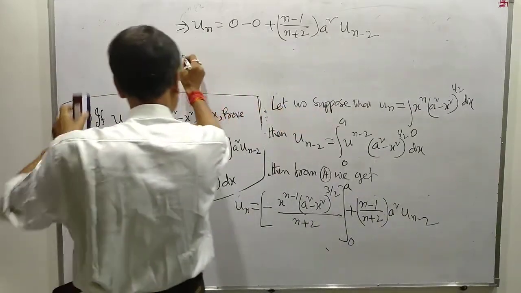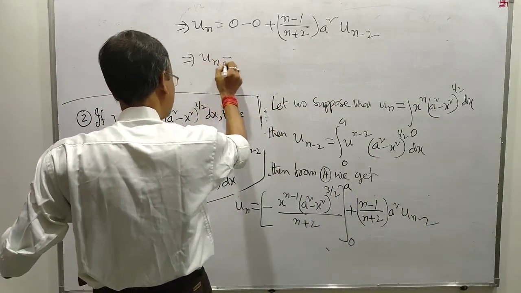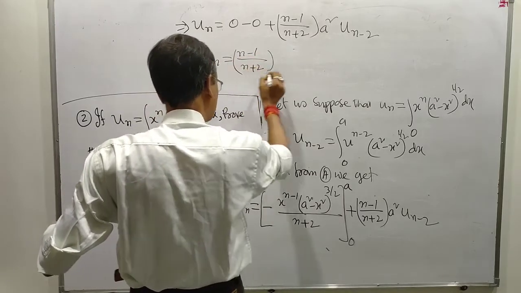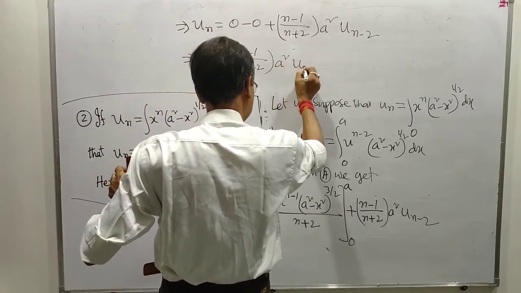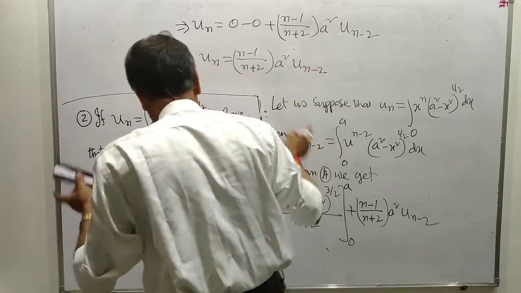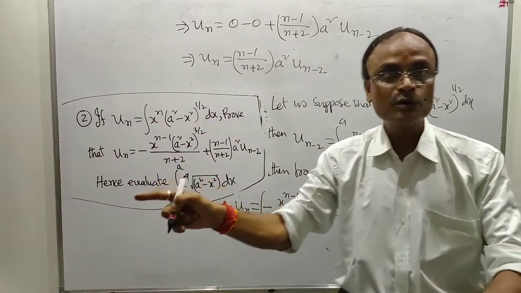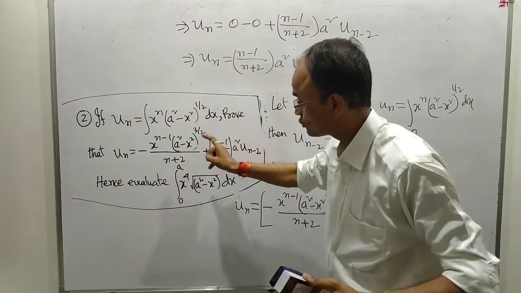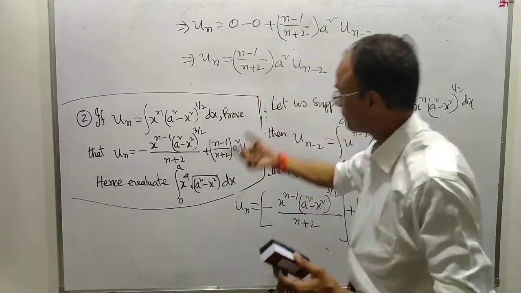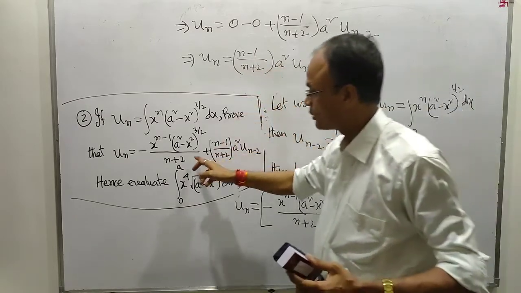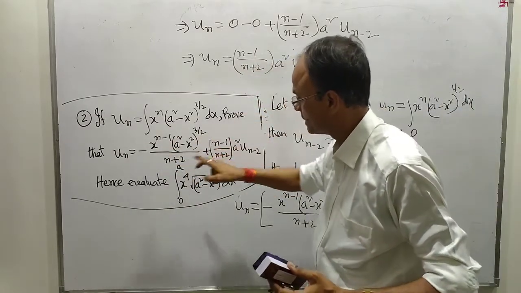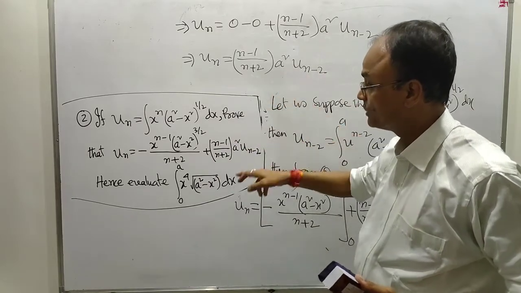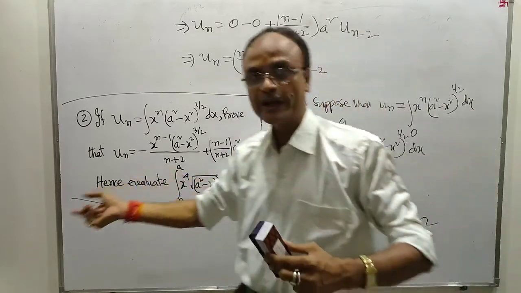This means finally you will get n minus 1 divided by n plus 2 times a square into un minus 2 if you take the definite integral from 0 to a. The reduction formula will become this one. There will be no such term, you will get simply n minus 1 by n plus 2 a square un minus 2.